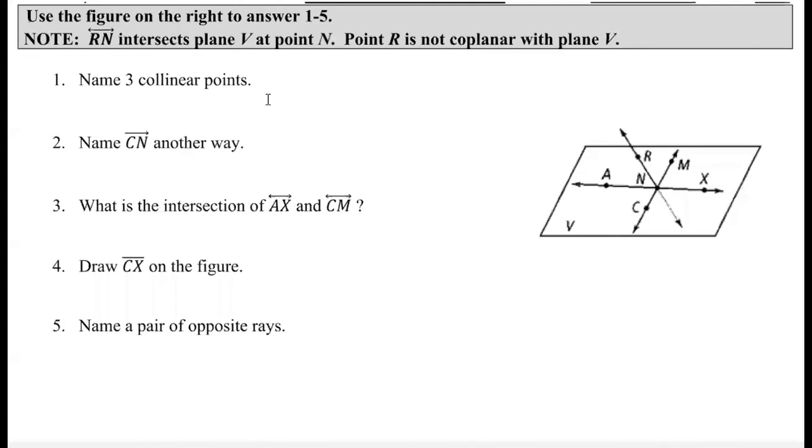Therefore, those 3 points are collinear, and we want to make sure we name them correctly. We name points with capital letters, and since they are 3 distinct points, we want to separate them with commas so that we don't confuse anything and make it look like it's a plane or some other figure. So 3 capital letters separated by commas.